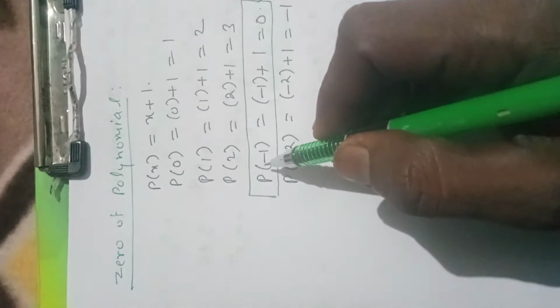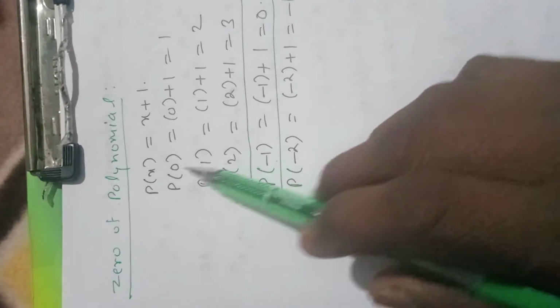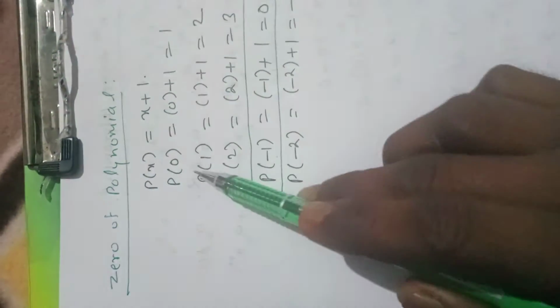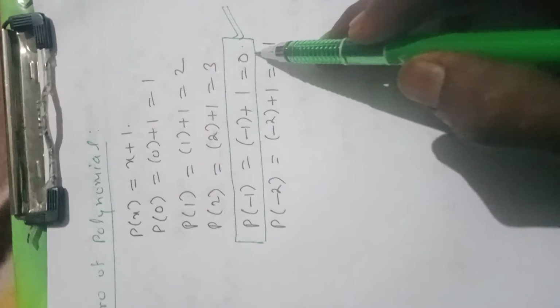So we can give the definition of the zero of the polynomial. How can you define the zero of the polynomial? It is the value of x which makes the value of the polynomial 0.